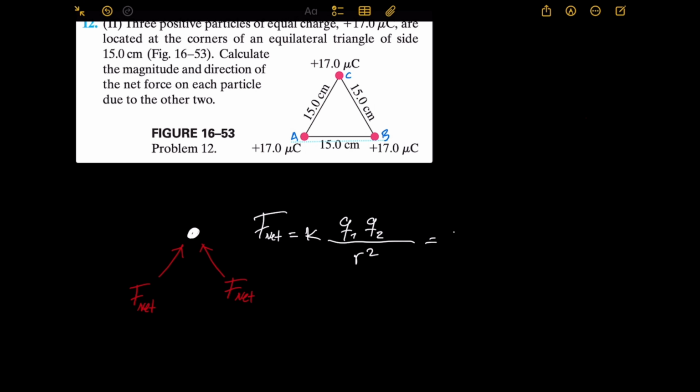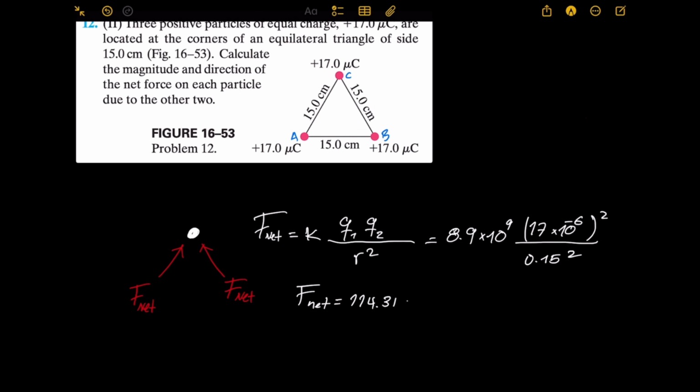That is 8.9 times 10 to the 9, times 17 times 10 to the minus 6 coulombs squared, over meters squared. We have to convert centimeters to meters and microcoulombs to coulombs, and that gives us 114.31 newtons.